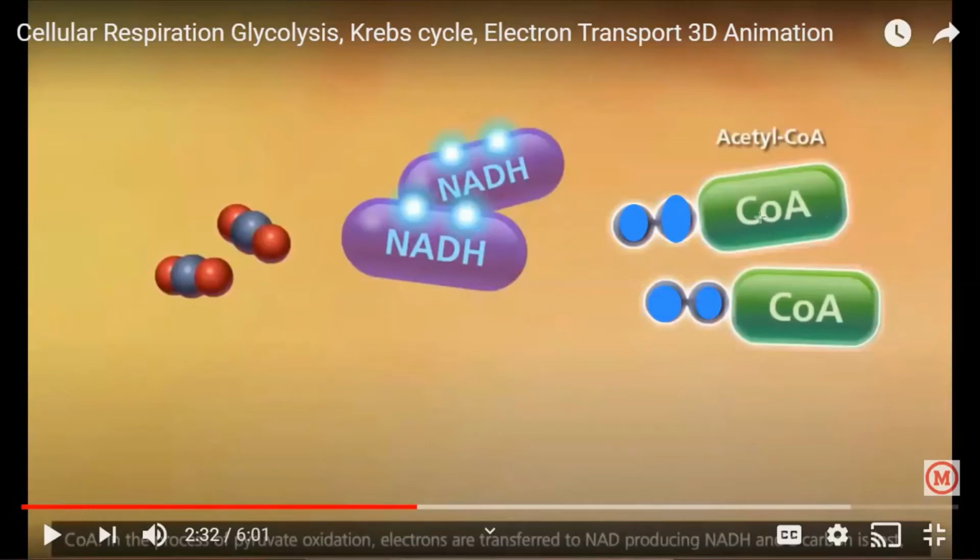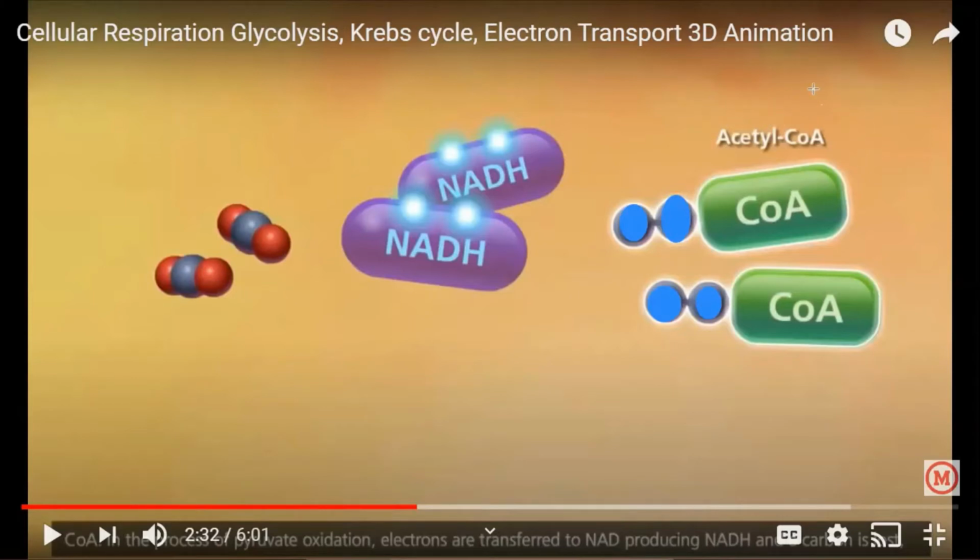Acetyl-CoA: CoA stands for coenzyme. It will help acetyl-CoA enter into the Krebs cycle. Don't forget, guys, all metabolic reactions in the body are done with the help of enzymes.